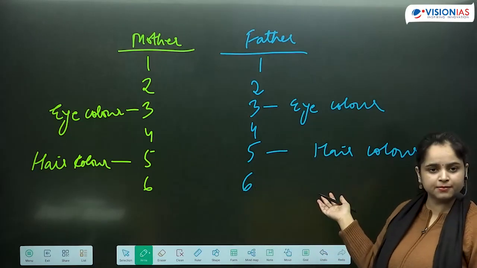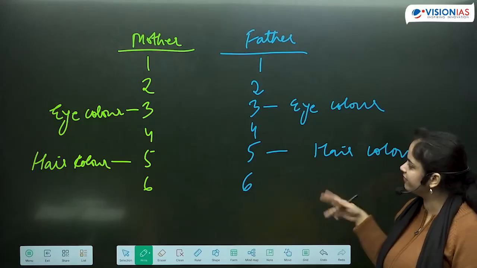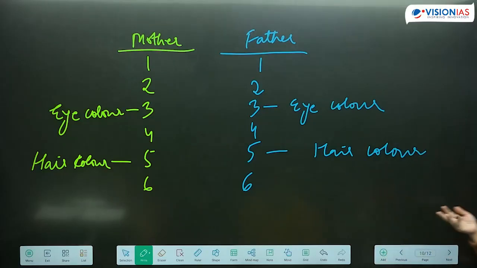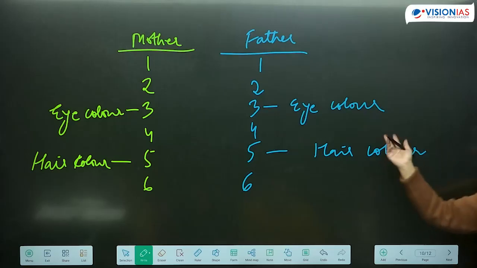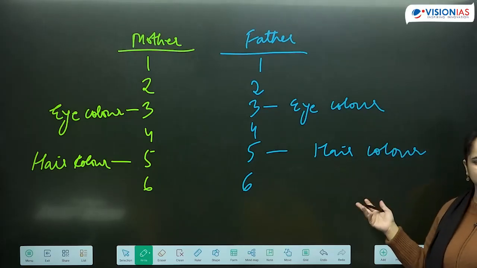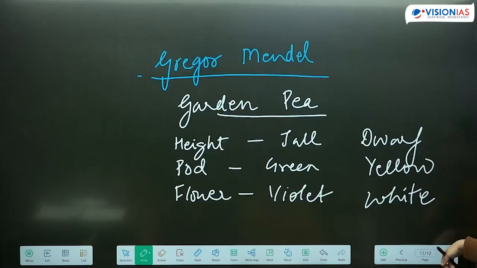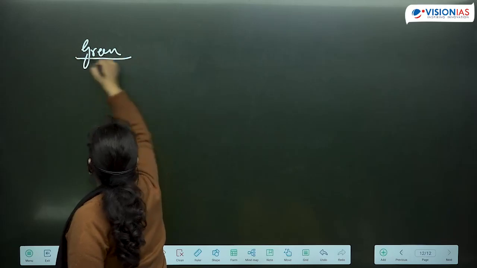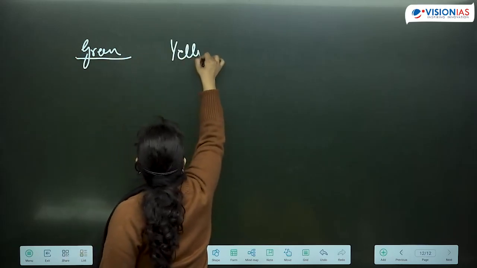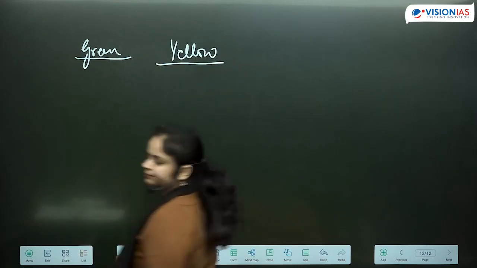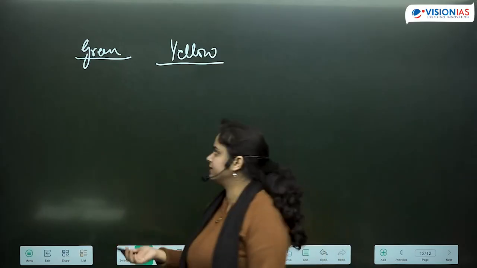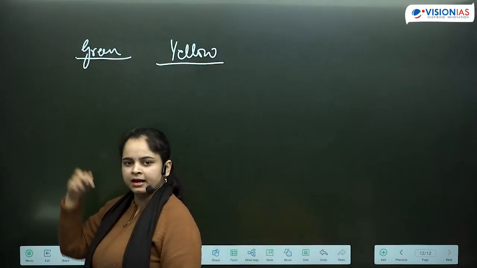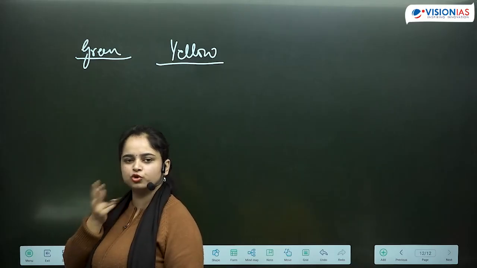When we studied about homologous chromosomes, we said that we have two genes for all our features. जैसे eye color की यहाँ पे 2 genes हैं, hair color की 2 genes हैं. So similarly, the 2 features with which we are starting, green and yellow pod. For green color, the plant has 2 genes.